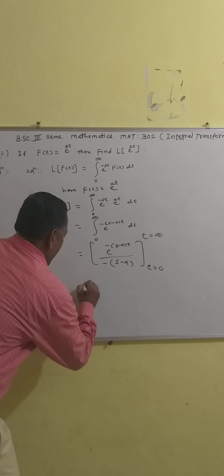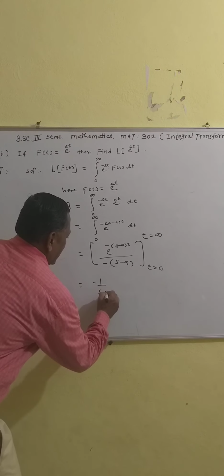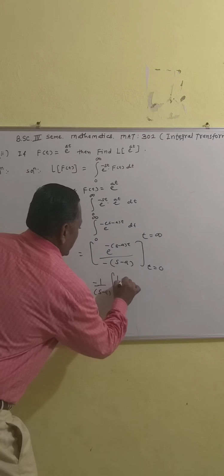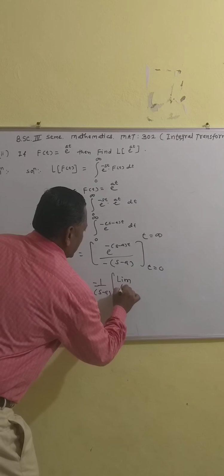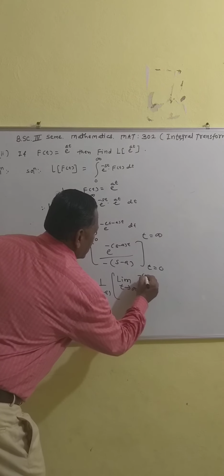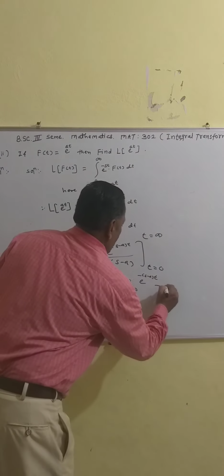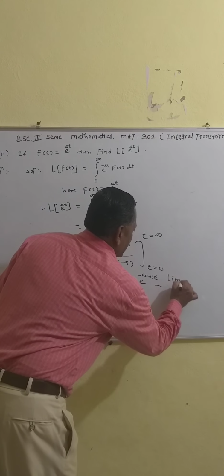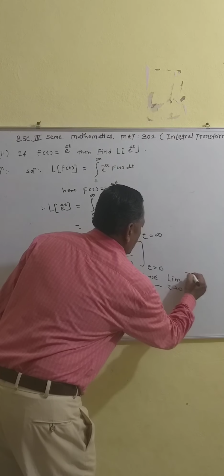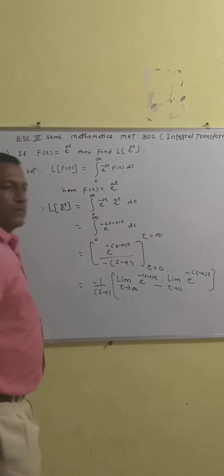So this can be written as minus 1 upon s minus a into the limit as t tends to infinity of e raised to minus (s minus a) into t, minus the limit as t tends to 0 of e raised to minus (s minus a) into t.